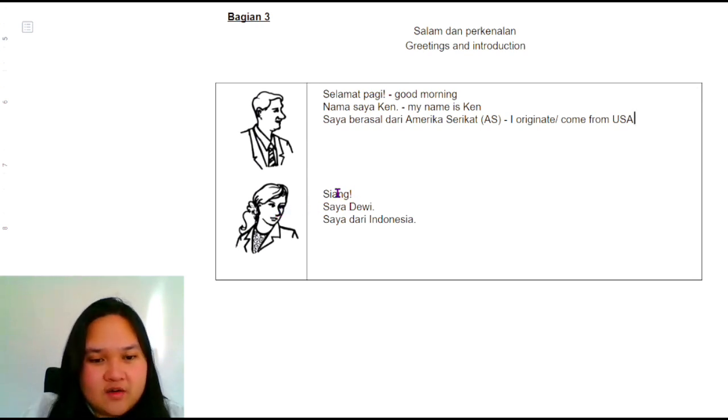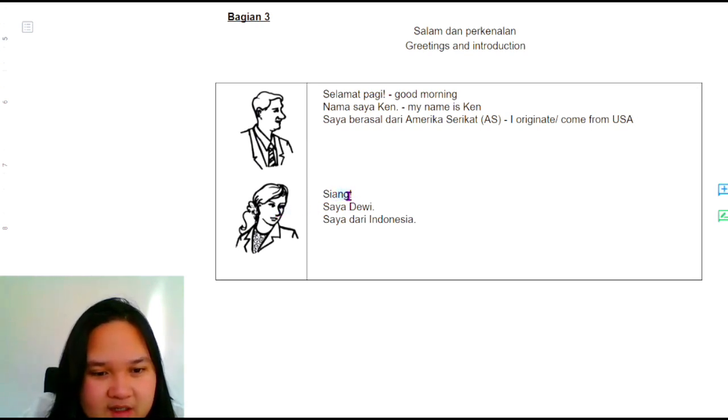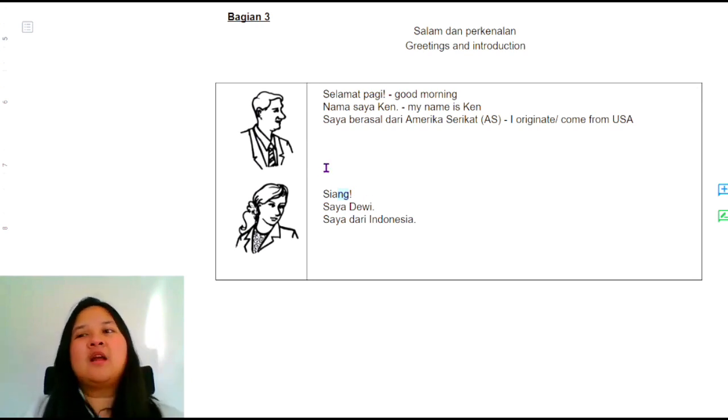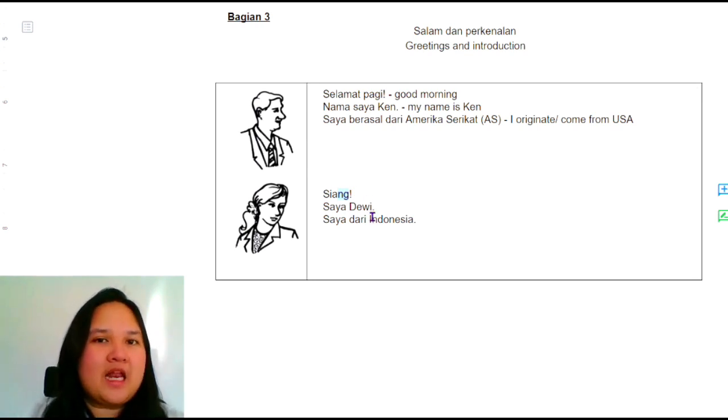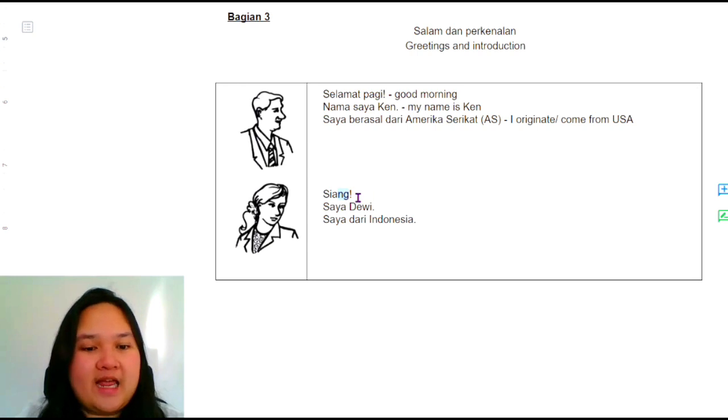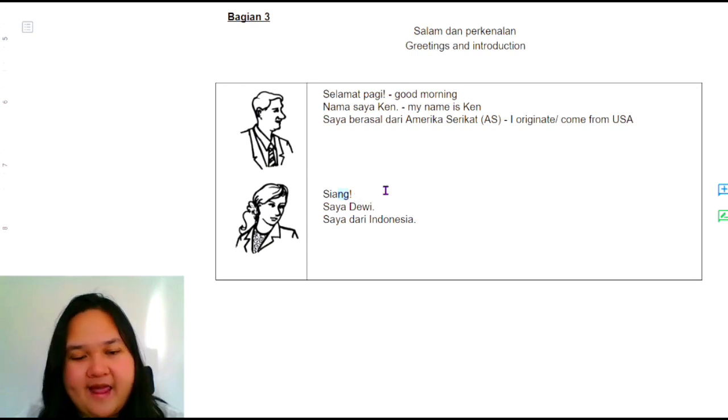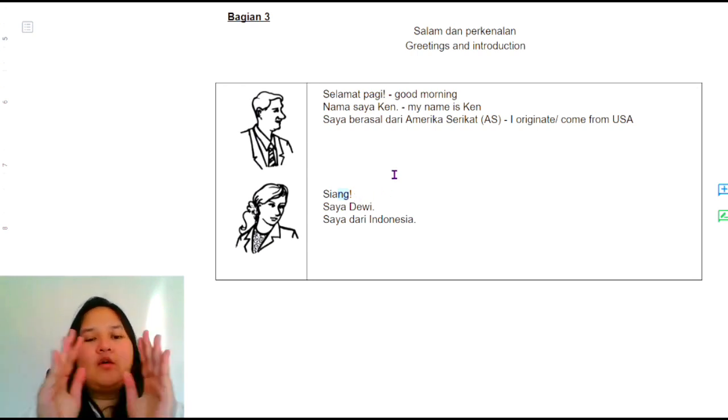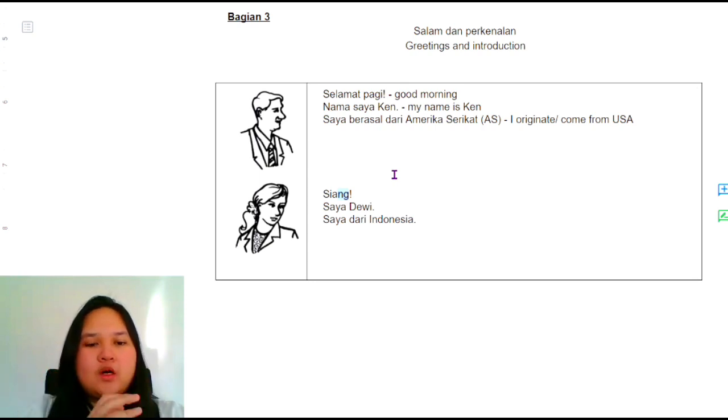So here we have this kind of weird sound, nge. When n and g are together in one word, it sounds like nge. So siang. Siang means noon or day.